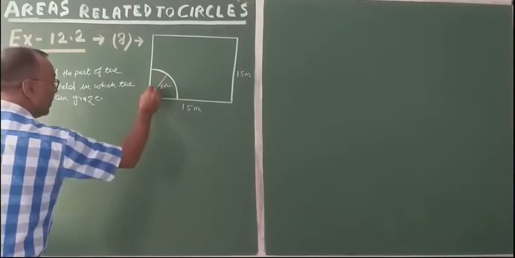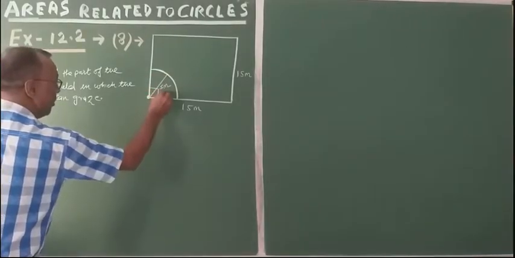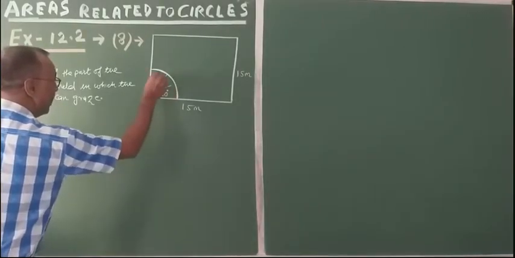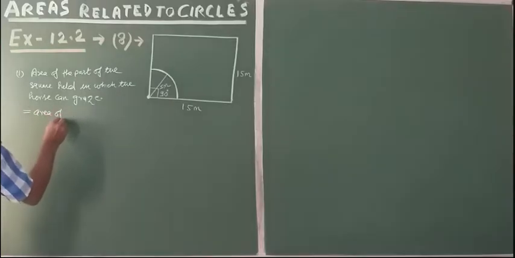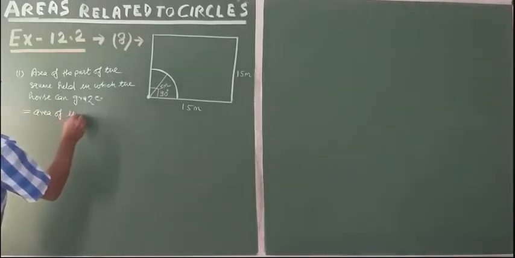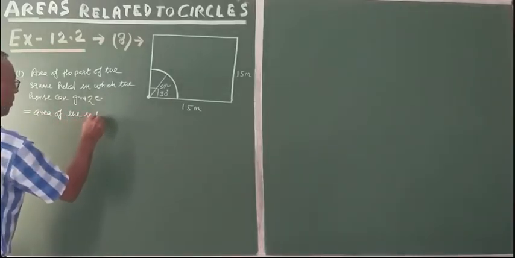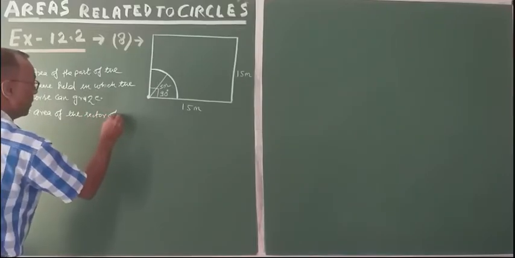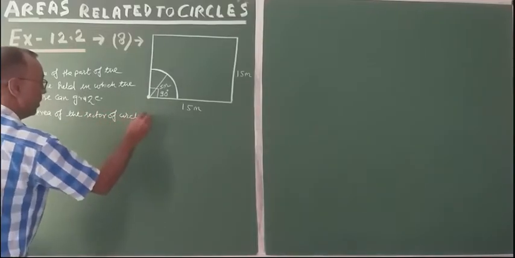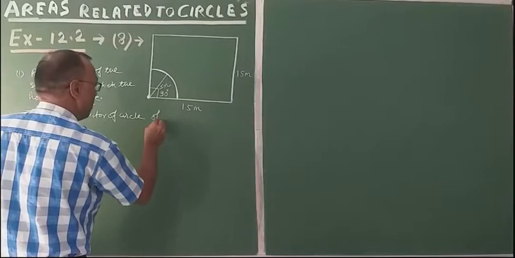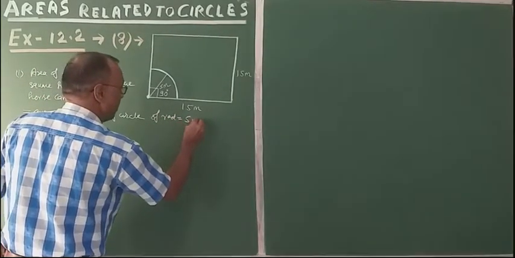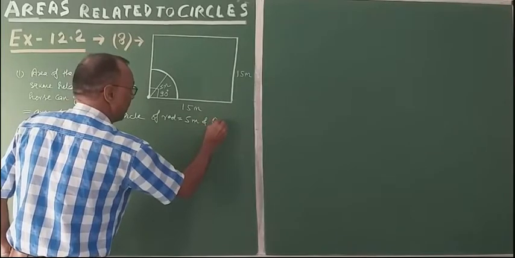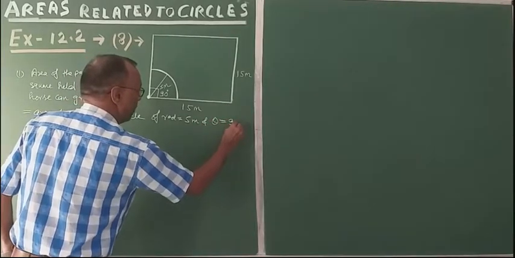How much is this angle? 90 degree. So area of the sector is equal to area of the sector of circle of radius 5 meter and the center angle theta is 90 degree.